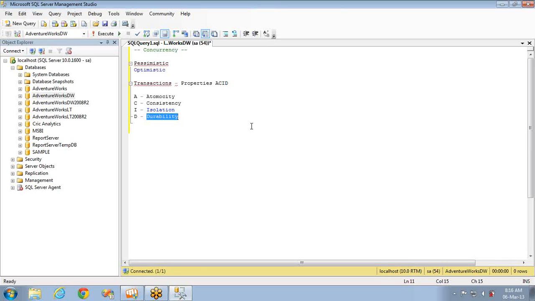So let's take a simple example. I have a bank account, and I transfer some amount from my account to XYZ account, who has an account with the same bank. What will be the query for it?